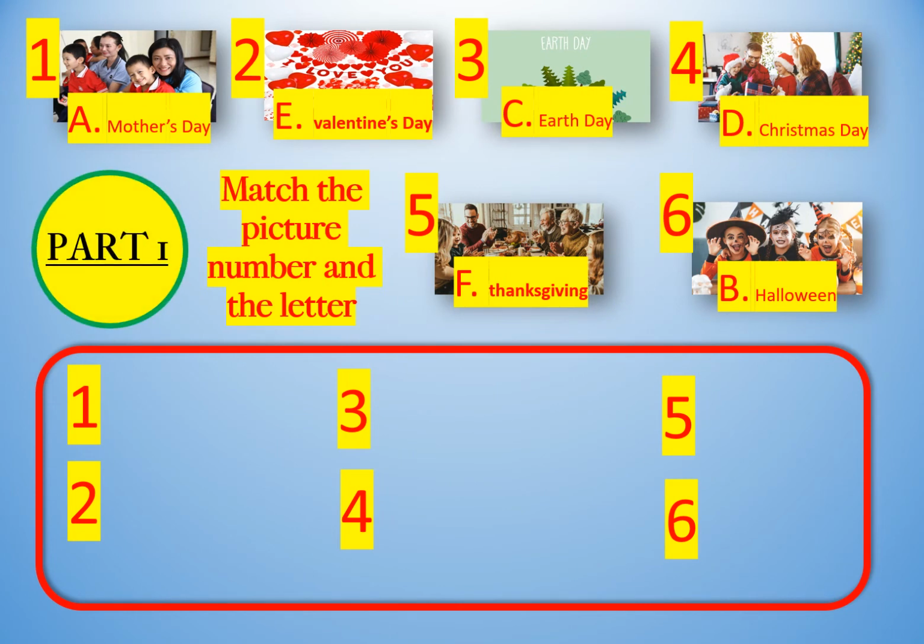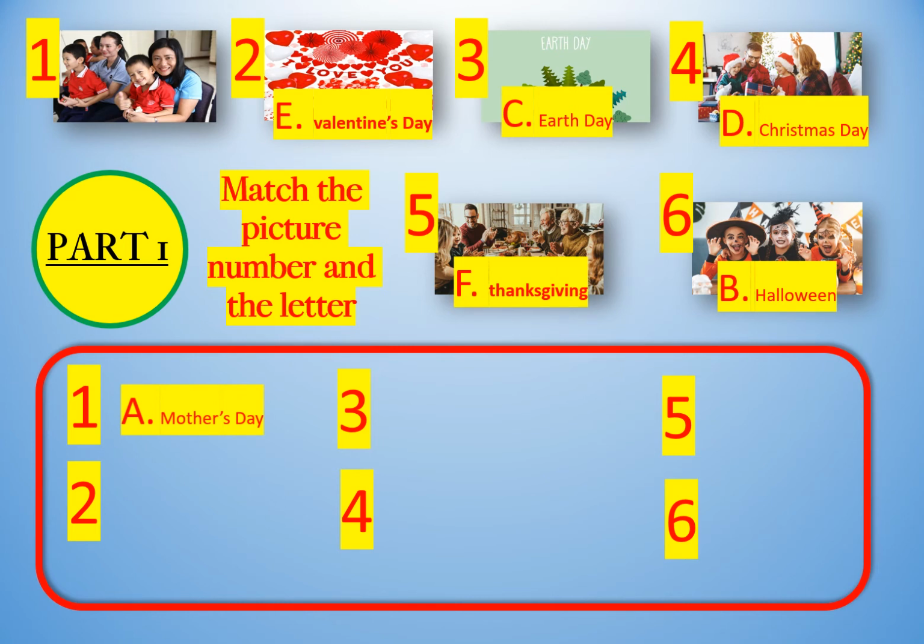Okay, so here's part one, the answers. You had to match the picture and its number with the letter. So you should have the number in your book first and then the letter next to the number. So let's have a look. Picture number one was A, Mother's Day.